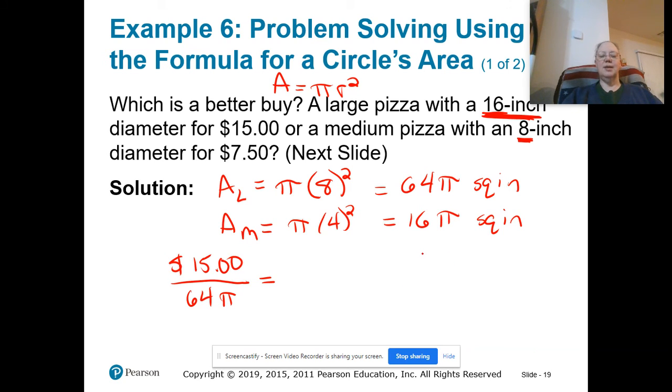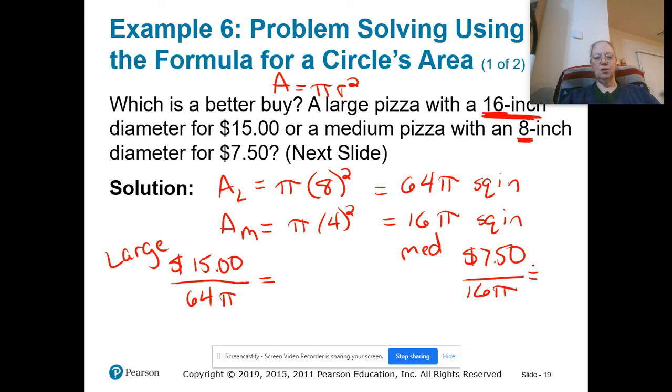And then we're going to do the same thing for the medium pizza. So this is my large pizza. And then for the medium pizza, we're going to do the same thing. We're going to find the price, $7.50 per square inch, 16 pi. This is where you're going to actually plug it into a calculator.